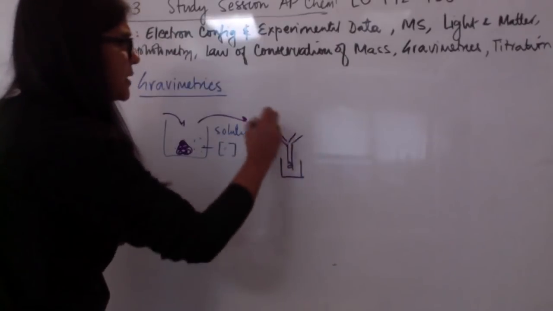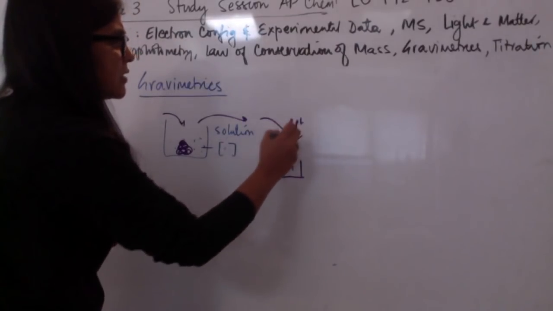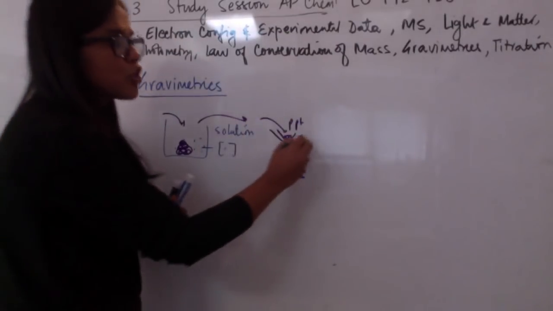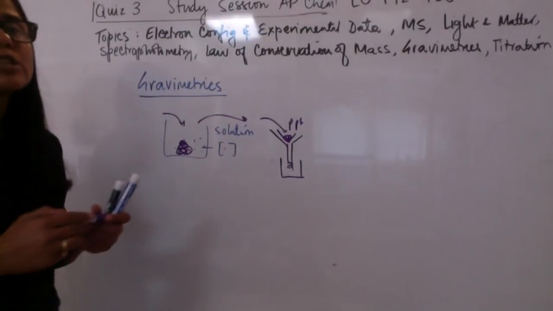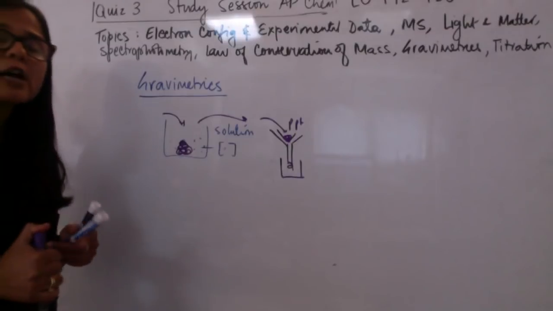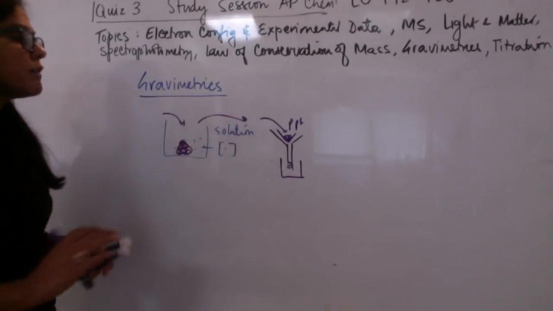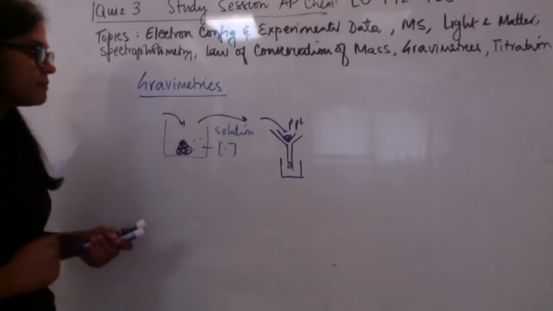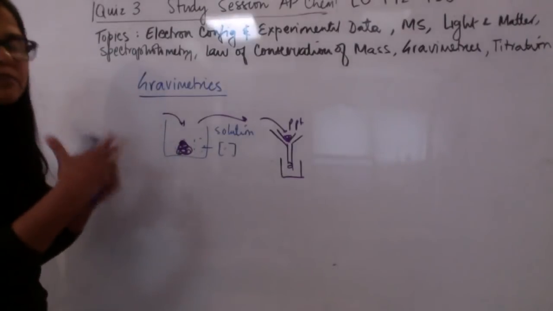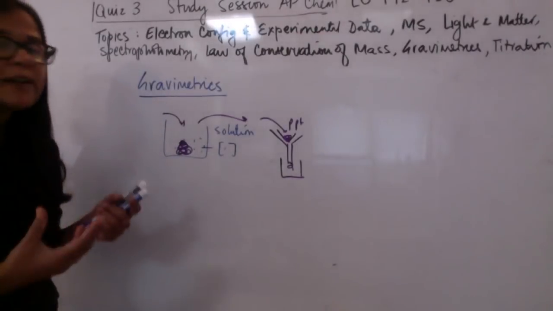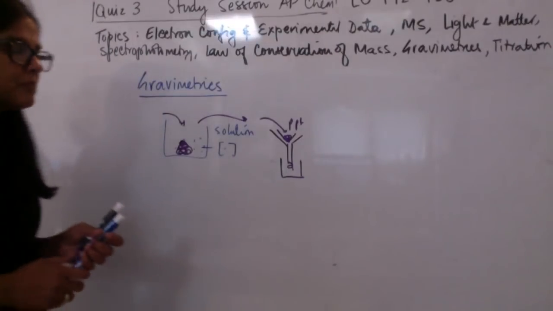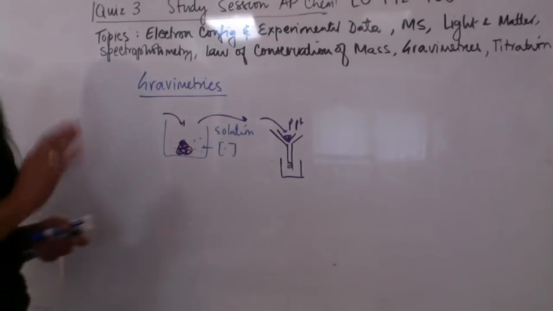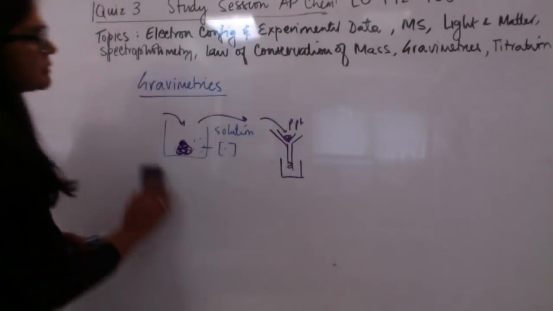The precipitate gets on the filter paper, then you dry and weigh it, and then using stoichiometry, you figure out either the percent purity or the molarity of the solution in the beginning, or how much of whatever you are trying to find out was present in the solution. And that was the concept of gravimetrics.